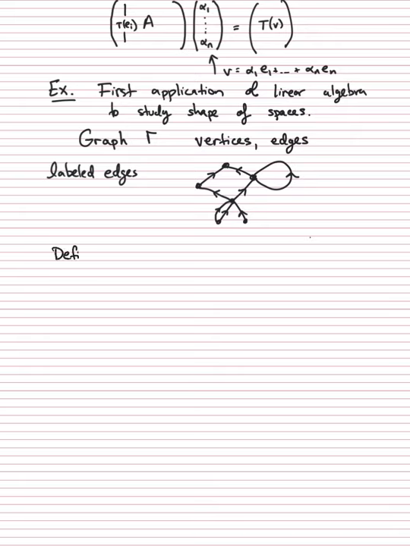Okay, we're going to define two vector spaces. I'll just make them real vector spaces. You can do the same thing over the complex numbers. So the first one I'm going to call C1 of gamma, and it's just R to the E. In other words, this is functions which go from the edges to the real line. So there's the set of edges, which I'm assuming is some finite set, and they go to the real line.